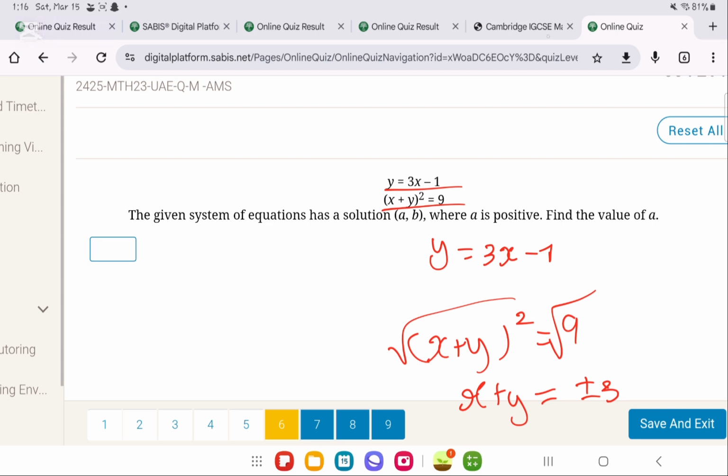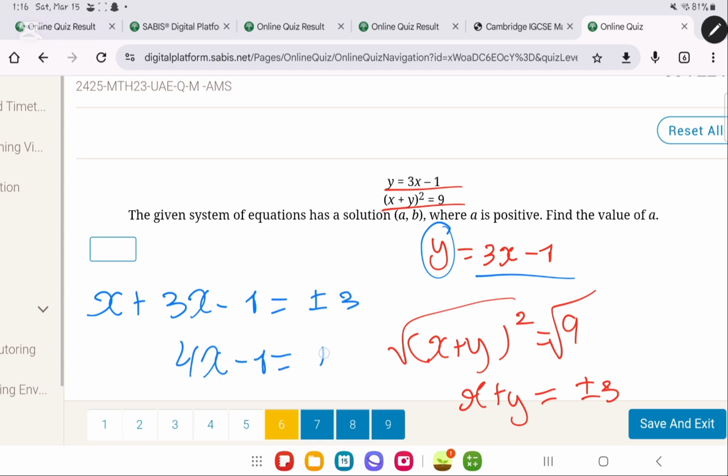Okay, so we could do this in many ways. But a very easy way would be to substitute y with 3x minus 1. So it will become x plus 3x minus 1 is equal to plus or minus 3. So 4x minus 1 is equal to plus or minus 3. So move minus 1 to the other side.